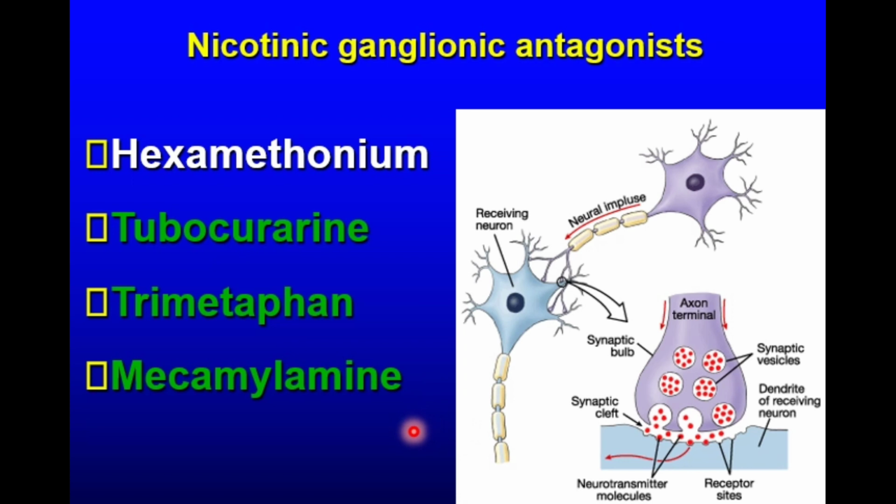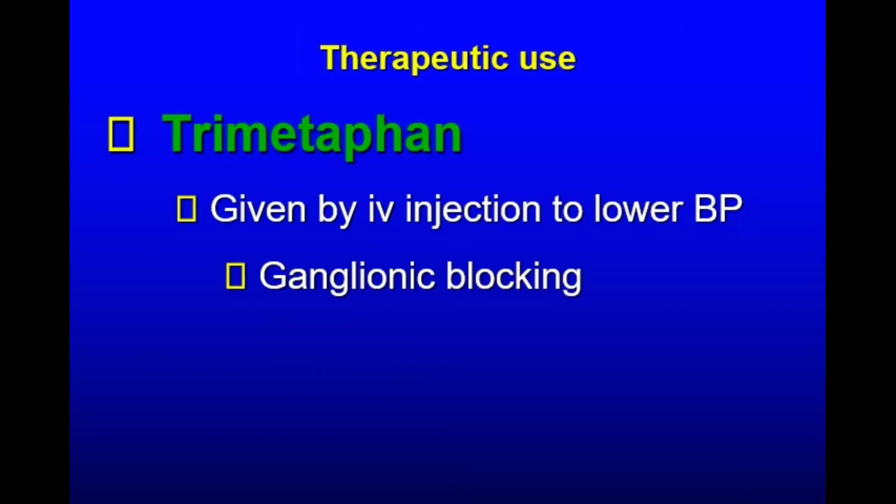However, these agents have little therapeutic application because their effects in the whole body are so diverse, except trimetaphan, which is used occasionally to produce controlled hypotension in the operating room. Trimetaphan is given by IV injection to lower blood pressure and thereby minimize bleeding at the site of injury.